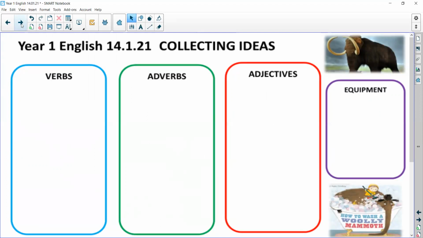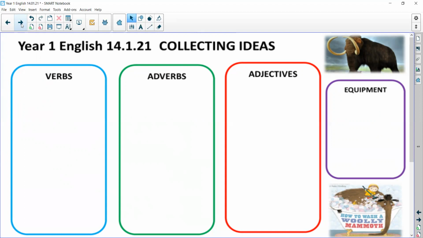So this is the collecting ideas sheet. So if you just write the verbs, underline that, adverbs, underline that, adjectives, and underline that. You don't need the box around it. And then the equipment. And then you're going to list as many verbs that you might have to use in order to give an instruction. The adverbs to describe the verb, how they're going to do it.